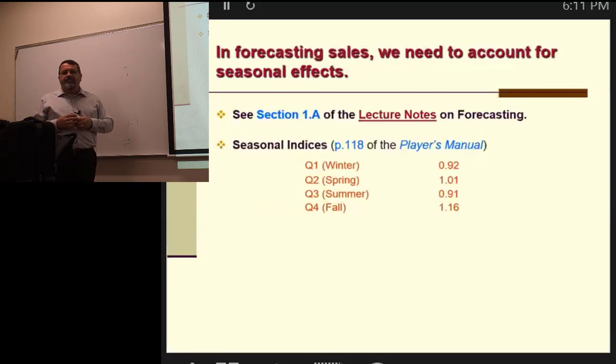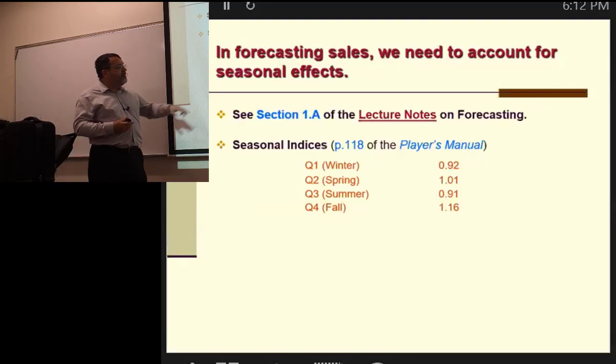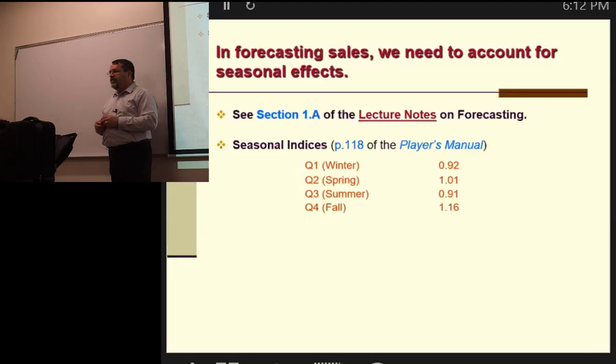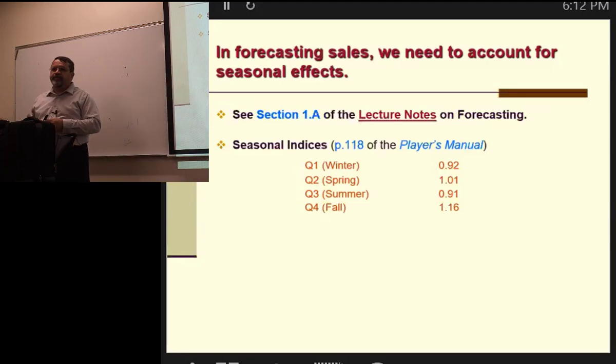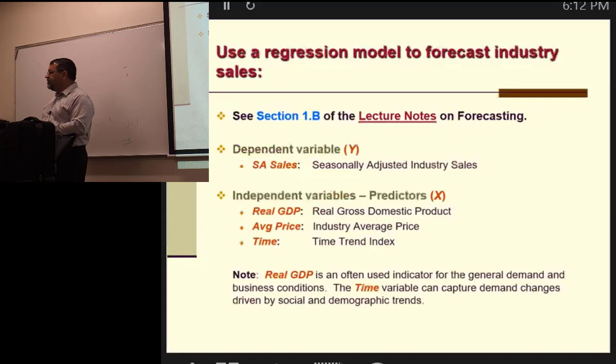So there are seasonal indices in the data. If you look at this, in winter, you sell 92% of the average. So winter is a slower season, and in fall it's 116%. So fall is a busier season. So you would expect that your fall sales would be higher than average and your winter sales would be lower than average. These factors are actually built right into the Excel spreadsheet, so you don't have to worry about this too much.